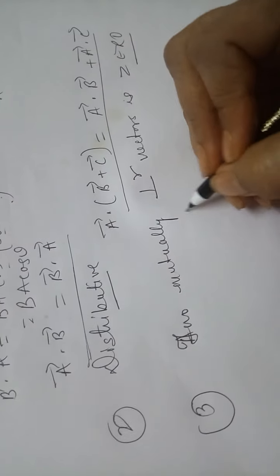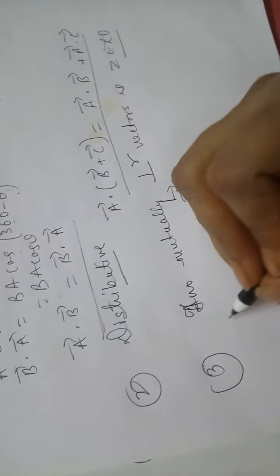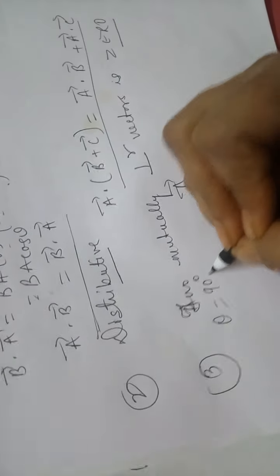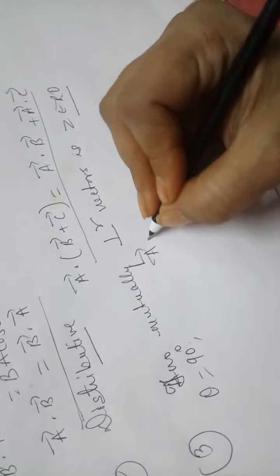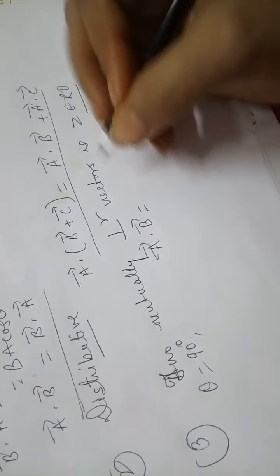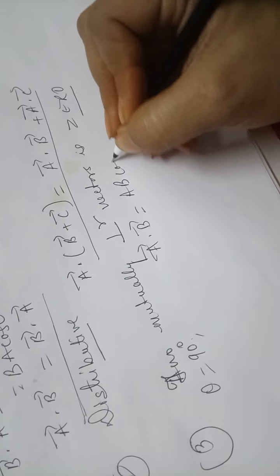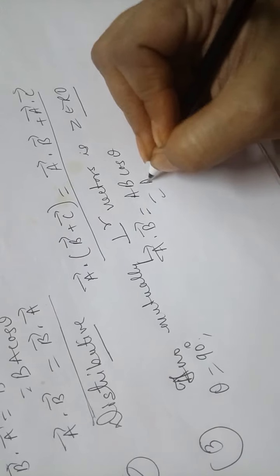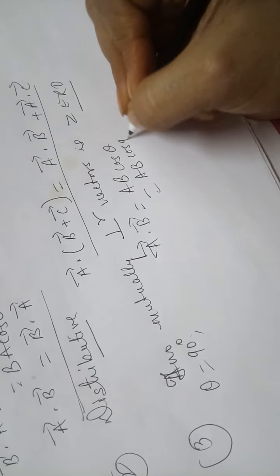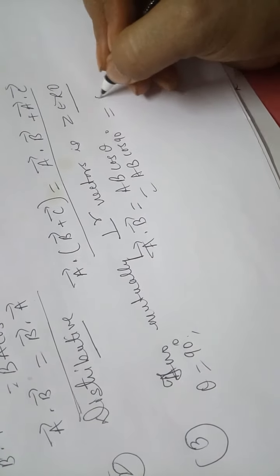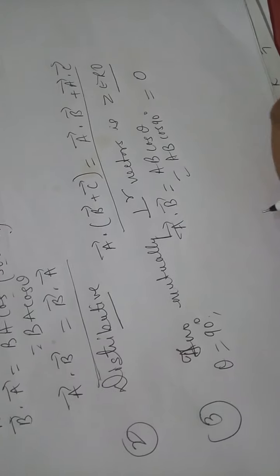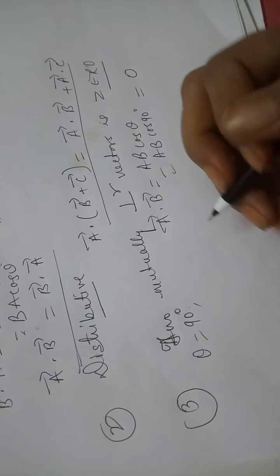The angle theta is 90 degree. We take a vector dot b vector, which becomes ab cos theta, that is ab cos 90 degree, and we all know that cos 90 degree becomes 0.